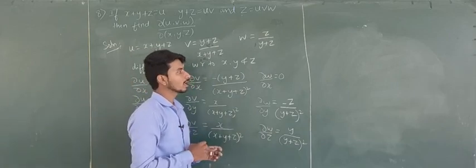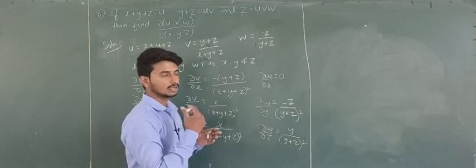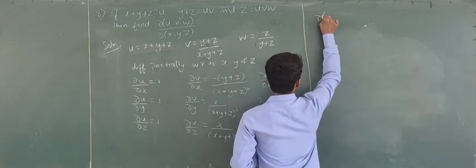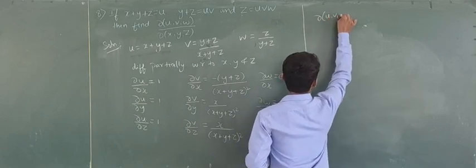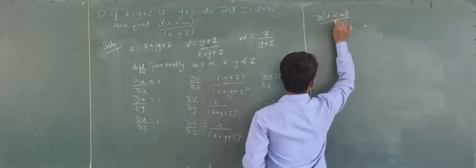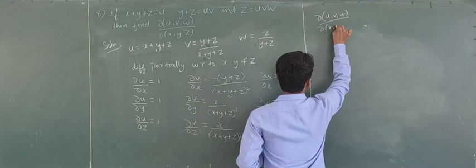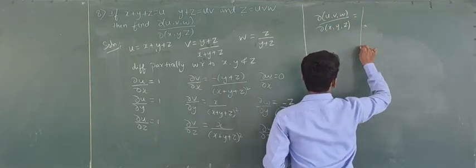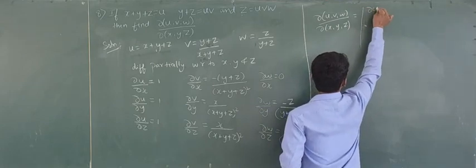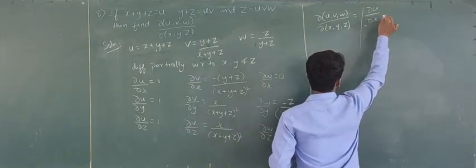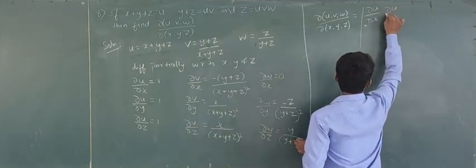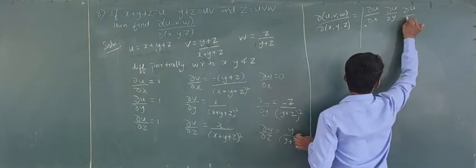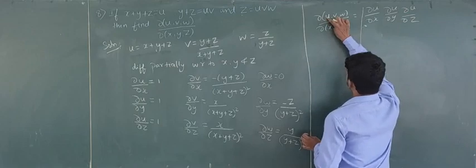Next we have to write these values in the determinant form, that is dou of u comma v comma w divided by dou of x comma y comma z, which is equal to dou u by dou x, dou u by dou y, dou u by dou z.